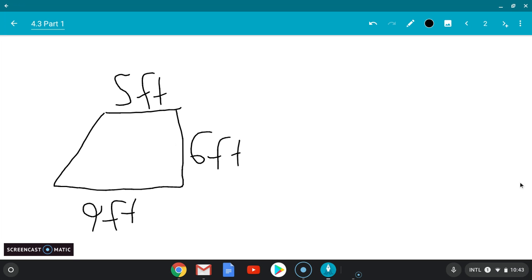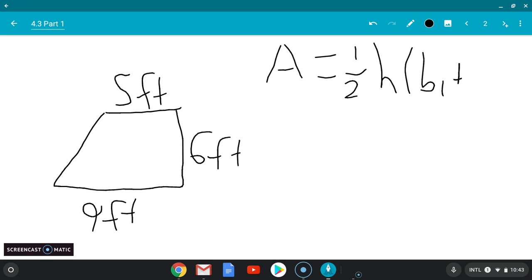So remember, area for a trapezoid is equal to 1/2 times the height times base 1 plus base 2. So what we're going to do is plug in some of these figures. Now, in my calculator, instead of writing 1/2, I'm going to enter 0.5, okay? Remember, 0.5 is the same as 1/2, and I'm going to put that in parentheses.